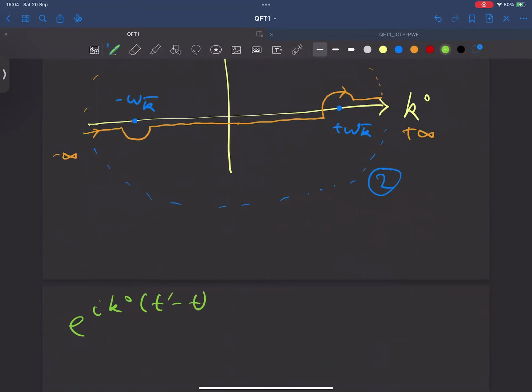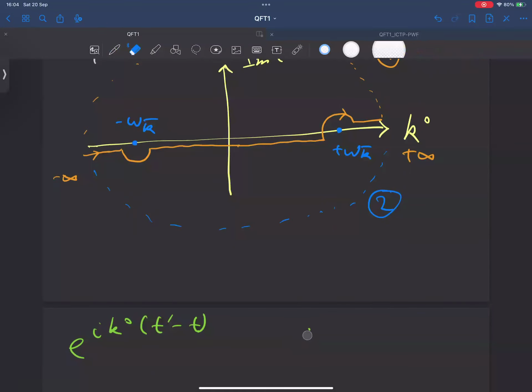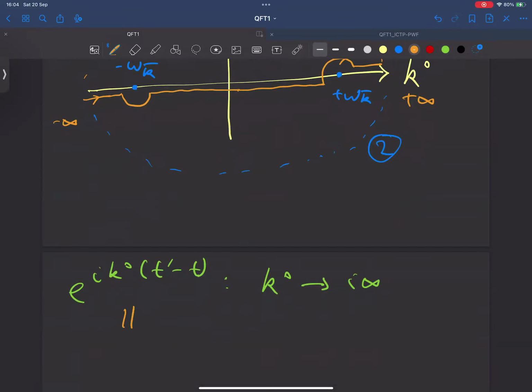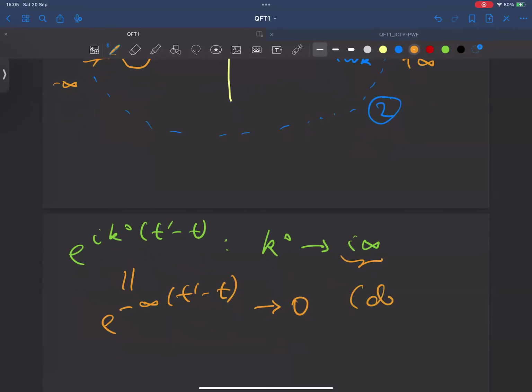Now if you take k0 all the way to i infinity, so you focus on this part of the contour, contour 1, and take it very large, then you get e to the power minus some number which is like infinity, because i squared gives -1, and that goes to 0 as you increase the contour all the way. So you get a decay here.